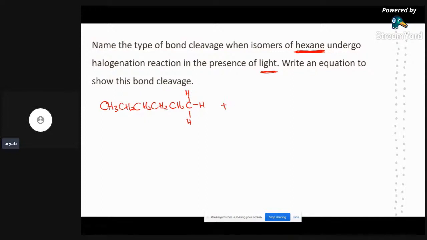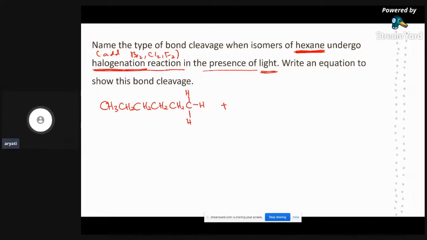React with, undergo halogenation. Halogenation reaction ialah tindak balas add halogen, add bromine, chlorine, fluorine in the presence of light. So kita tahu, write an equation to show this bond.